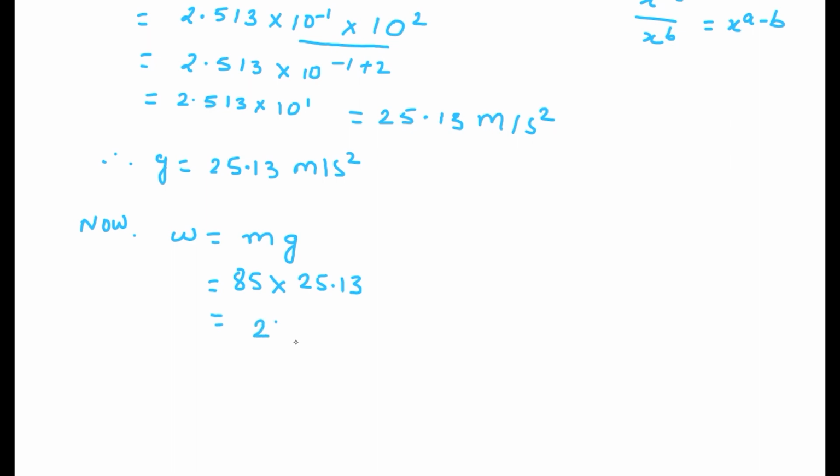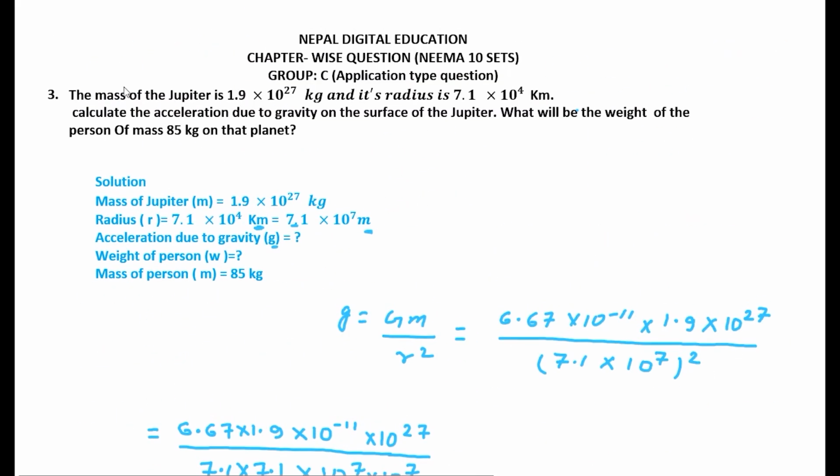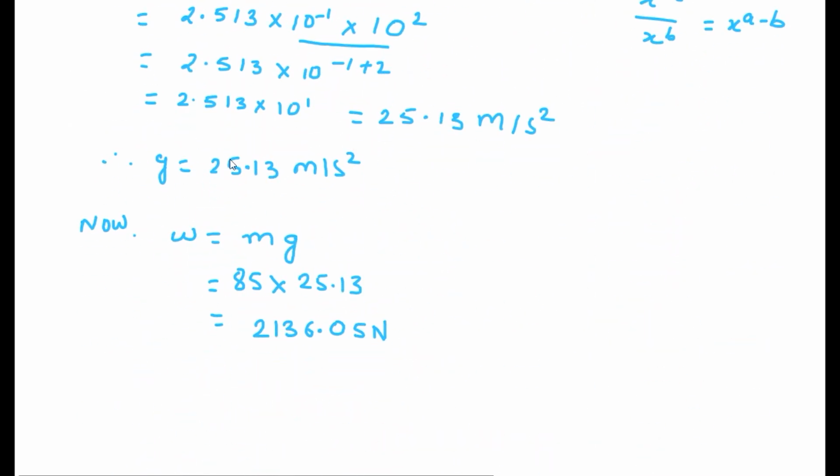We get 2136.05 weight. The unit of weight is Newton. So this is the required weight. This is the required weight of the person of mass 85 kg on that planet.